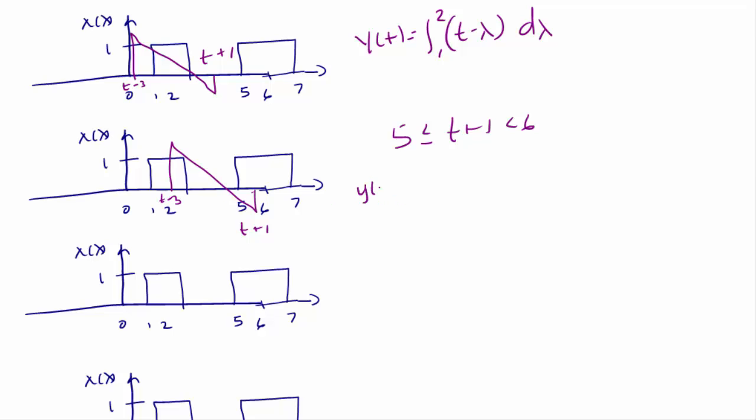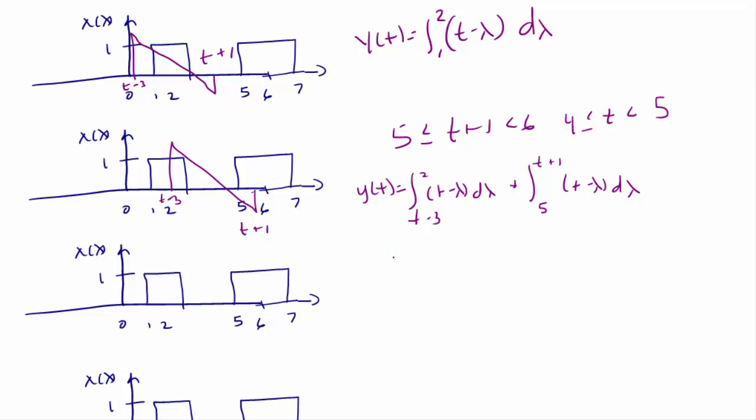So y of t is equal to the sum of two integrals. The first integral is from t minus 3 to 2, t minus lambda d lambda, plus the second integral is from 5 to t+1, t minus lambda d lambda, and note that t is between 4 and 5 for this region.